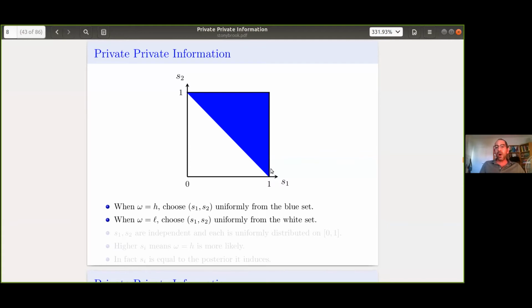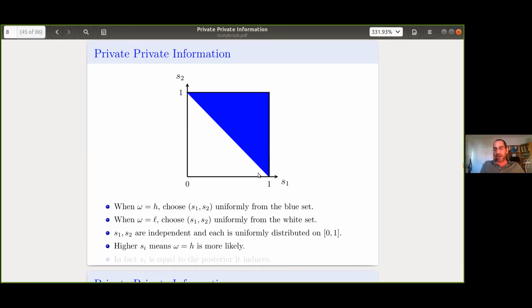When omega is low, I'm going to choose them from the uniform distribution over the white triangle. Now, overall, if the state is half-half, the joint distribution of S1 and S2 is just the uniform distribution over the unit square. So S1 and S2 are independent of each other, but they do contain information about the state.